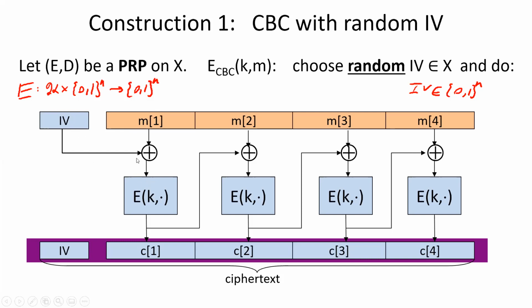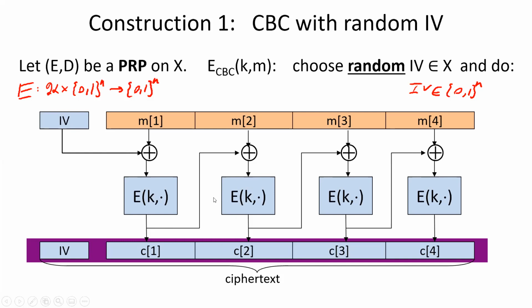Okay, so far so good. You randomize the first block. What do you use to randomize the second block? If you use the IV again, that would be dumb, because repeats in the blocks would imply repeats in the ciphertext if you XOR with the same IV. So next best thing: how about using the cipher? If this is a PRF, so its outputs are like a random string, then you use this random string as a randomization of the next block.